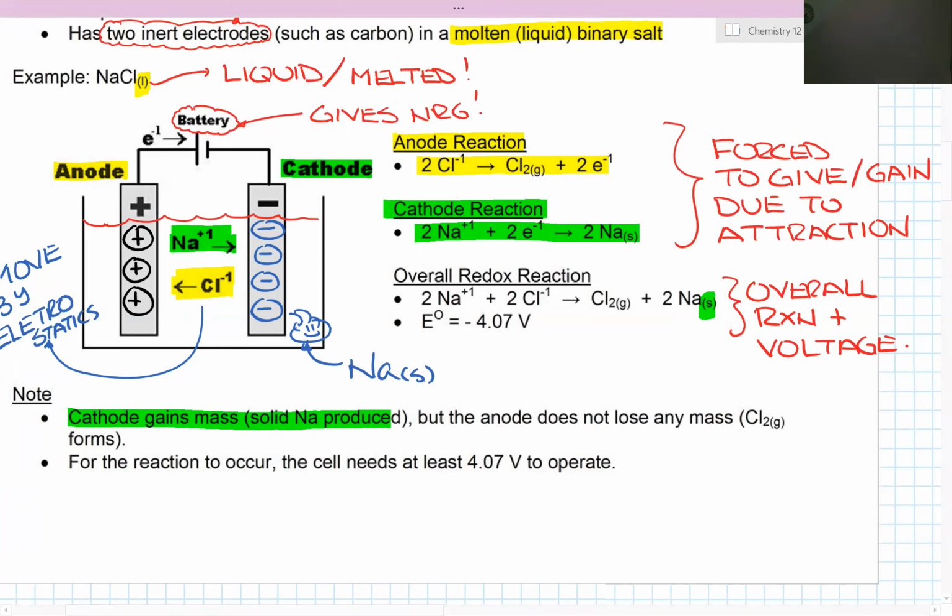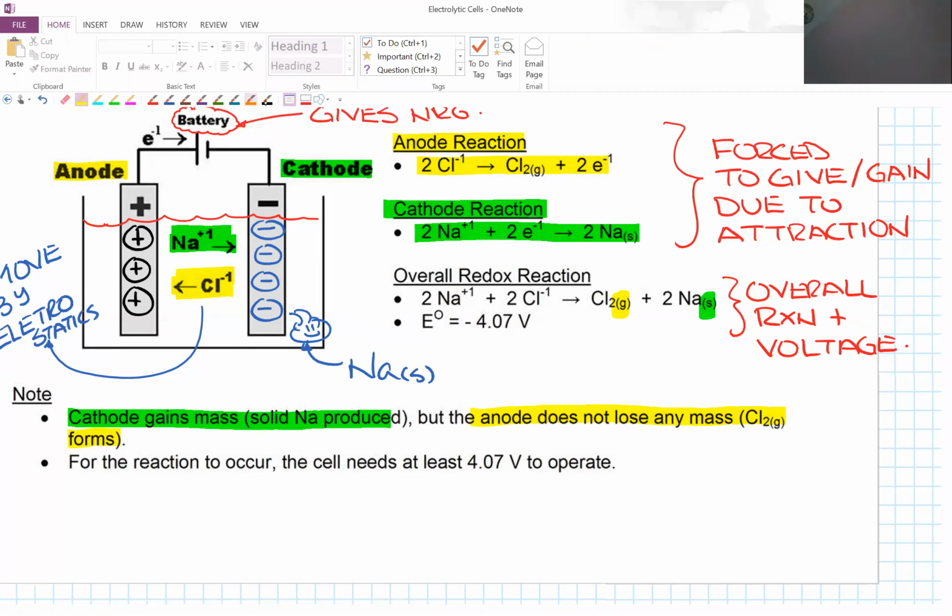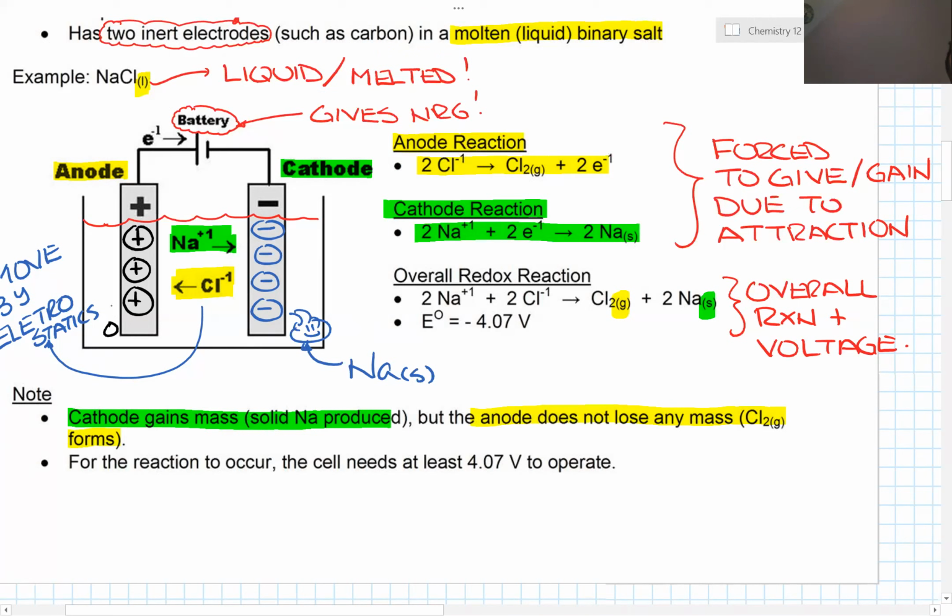And chlorine, what happens is you produce a gas. The anode doesn't lose any mass because chlorine gas is formed. So on this side you get little bubbles of chlorine gas. Okay?